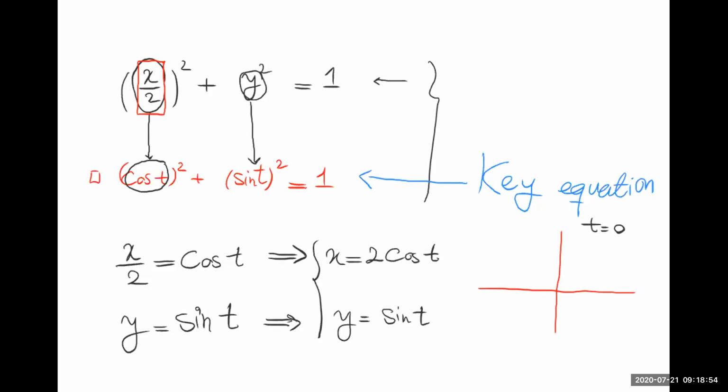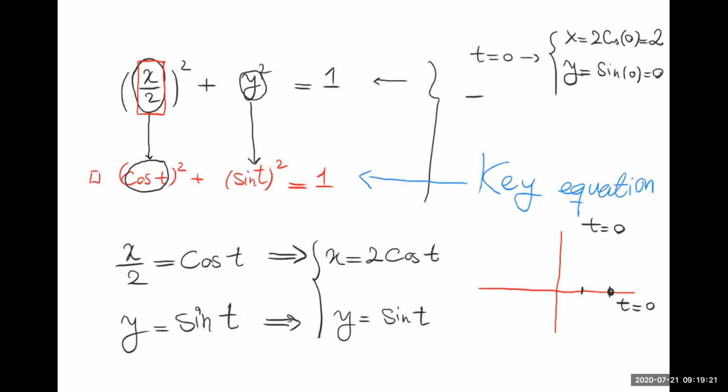If t is 0, x would be 2 cosine of 0. Cosine of 0 is 1, 2 times 1 is 2. y would be sine of 0, which is 0. So the point would be (2, 0). This is where the particle is at t equals 0.